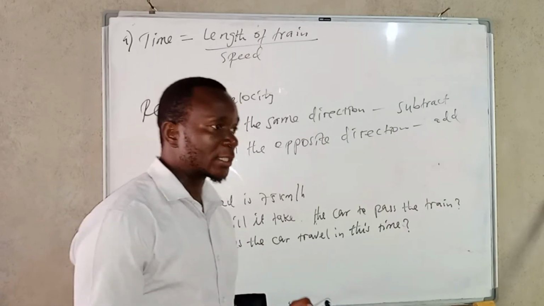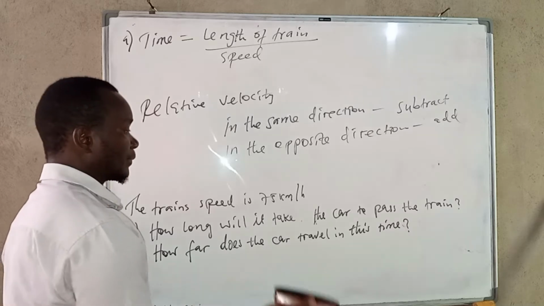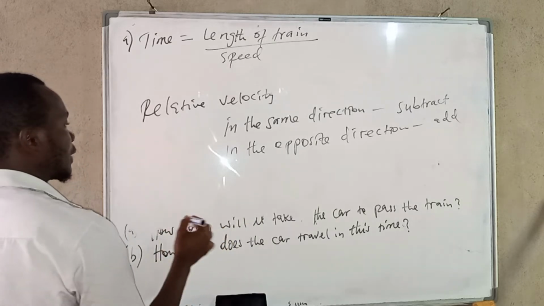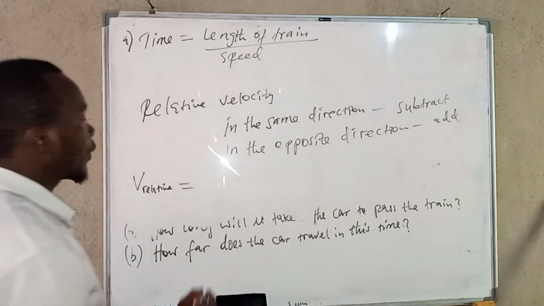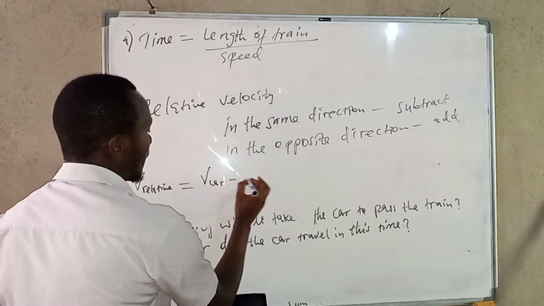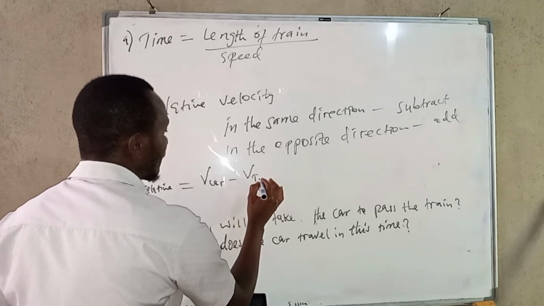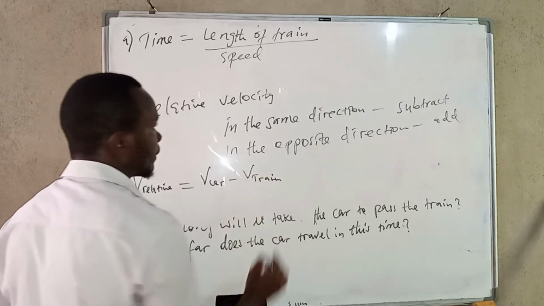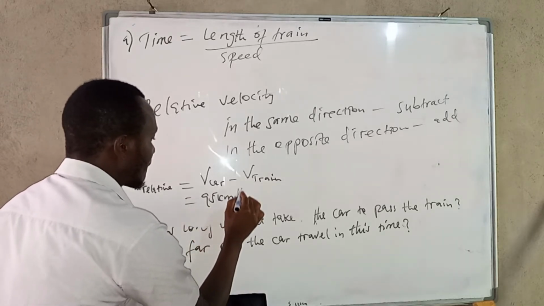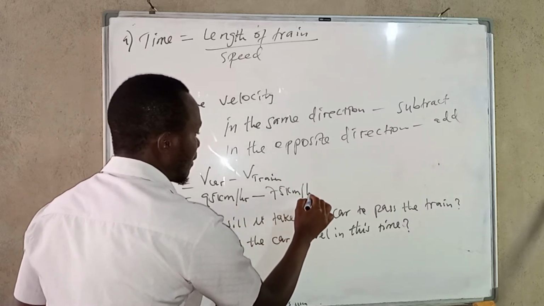Now, since the train and the vehicle are moving in the same direction, relative velocity is equal to the velocity of the car minus velocity of the train, which is 95 kilometers per hour minus 75 kilometers per hour.